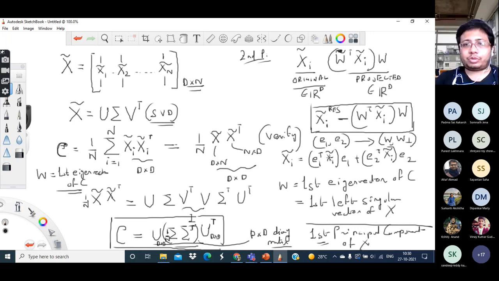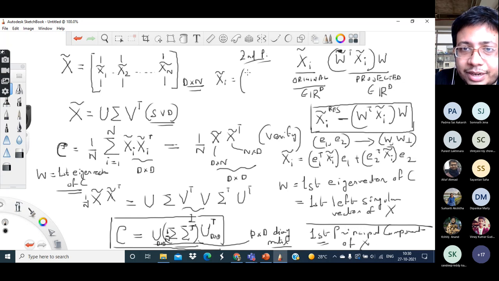Why am I saying this? Let us say the data vector xi tilde was something like 4.5, 3.7. That is, the first attribute's value was 4.5 and the second attribute's value was 3.7.